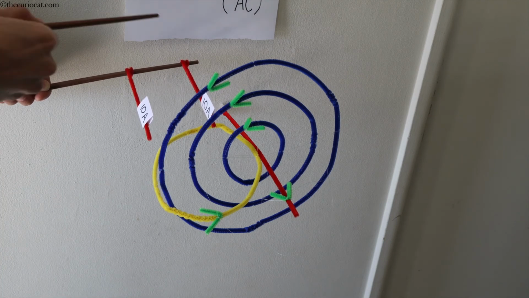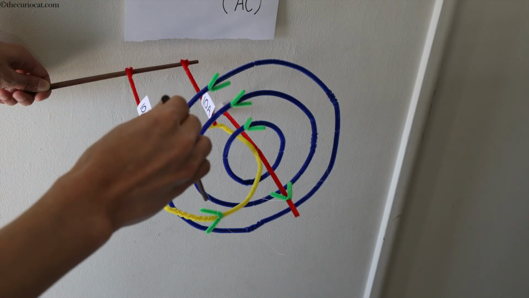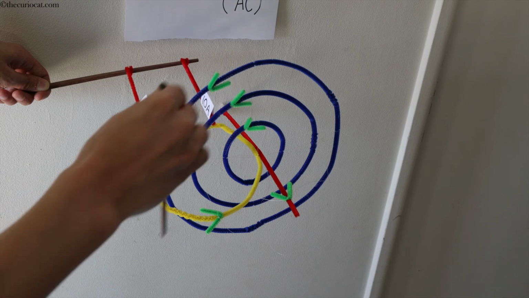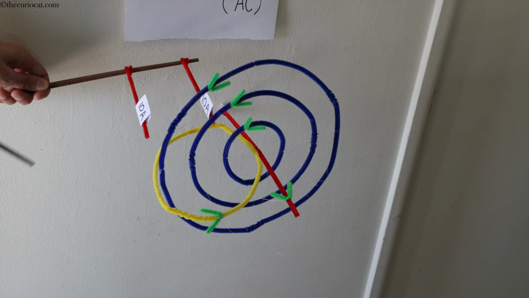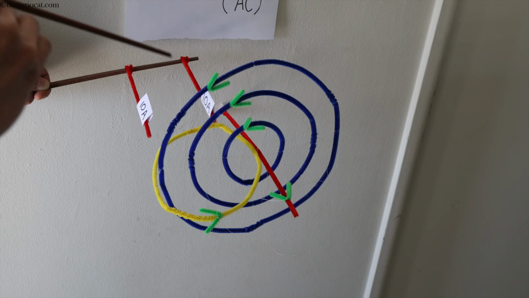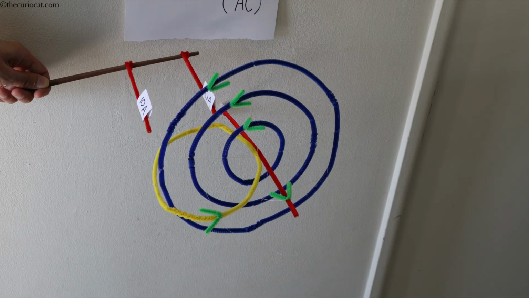Now, when this inner red line passes through the magnetic field, you see that the eddy current of 2 amperes flows in the opposite direction. So, you have 10 amperes going into the magnetic field, and you will have 8 amperes coming out of the magnetic field.